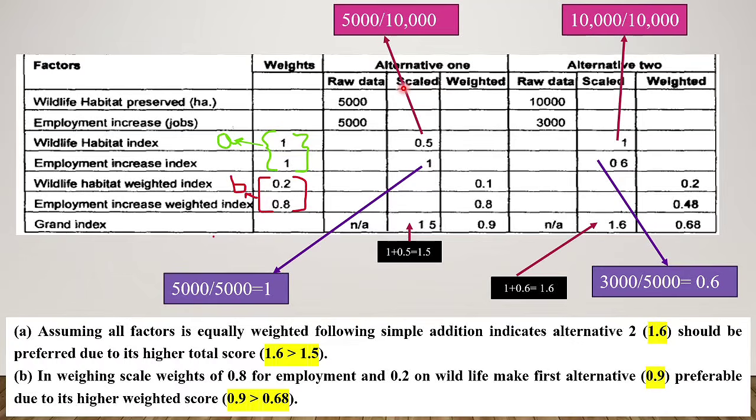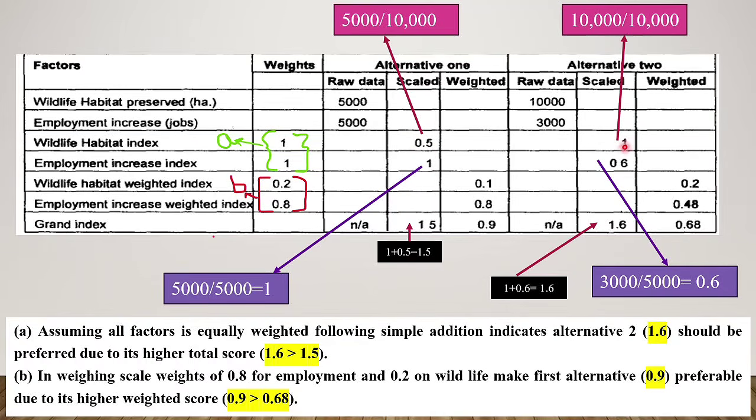Like you have two factors over here, wildlife habitat and employment increase. So first of all you will find out the scaled values. Now this is the value for alternative 1, this is the value for alternative 2. Among these both, this value is higher, so we will divide both the factor data by 10,000. So we will get the scaled value. You can see 5,000 divided by 10,000 is 0.5.